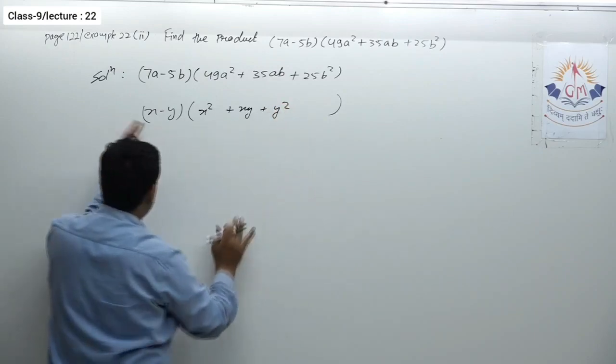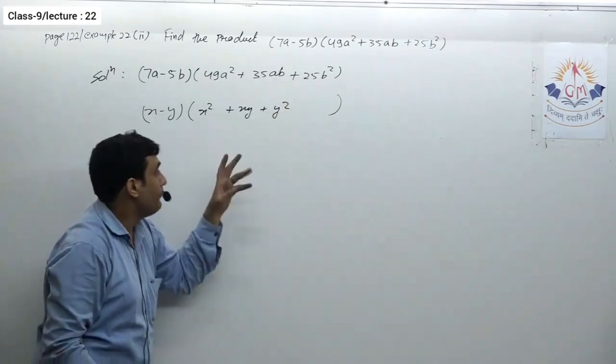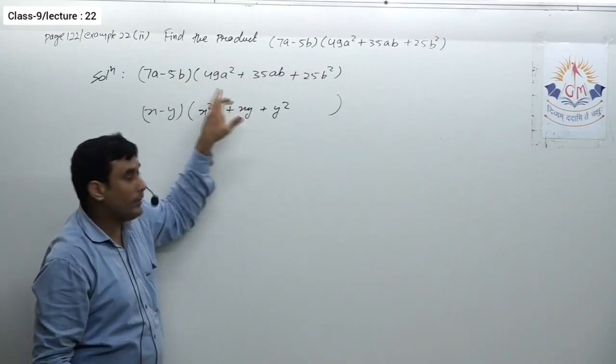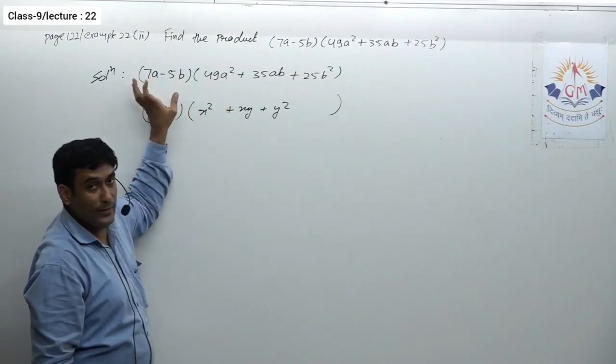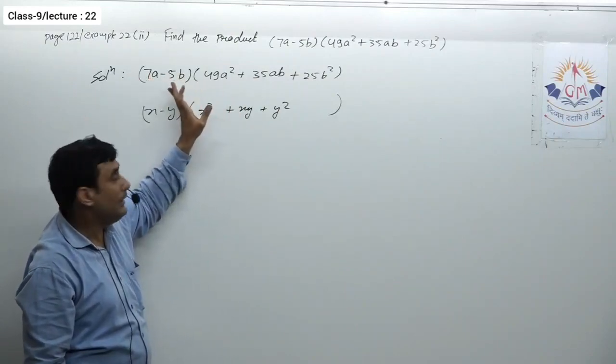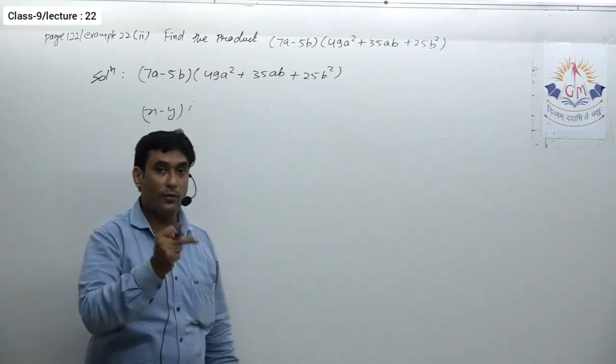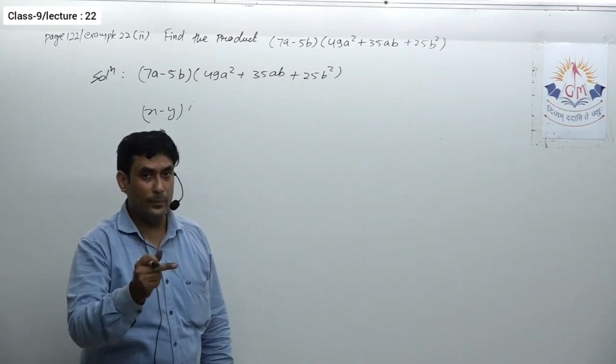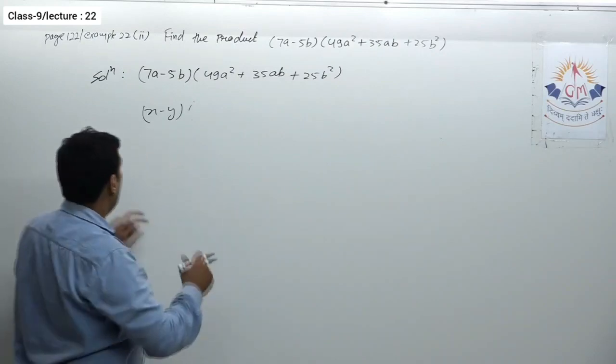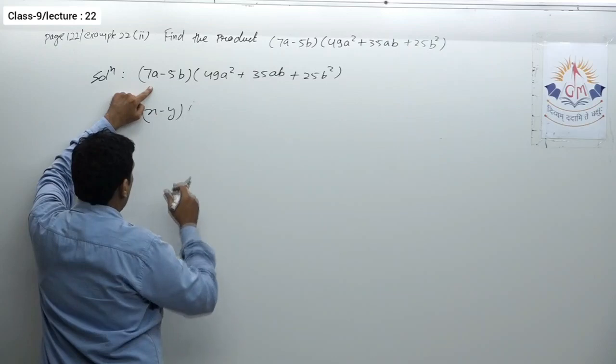If it goes like that, definitely we know its right side, isn't it? So the very first thing I observed is that this is a binomial, that is x minus y or a minus b, and then I checked whether the remaining three terms follow a square plus ab plus b square or not. So here I considered 7a as a.